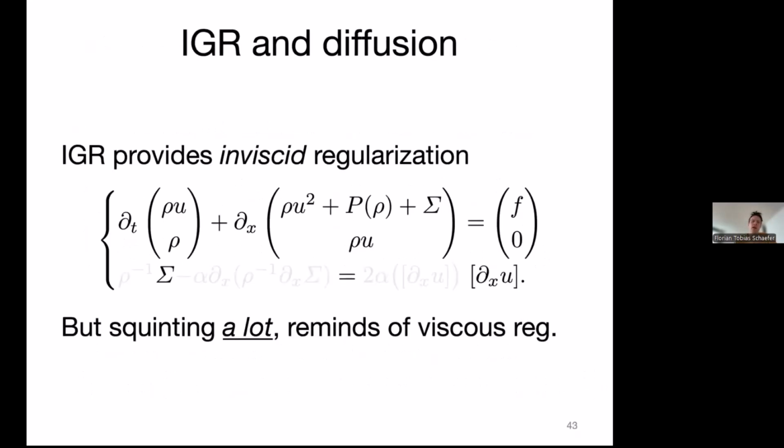We can compare this to viscous regularizations quite directly by observing that if we gray out all the stuff that I've grayed out here, then this basically becomes a viscous regularization, right? Because sigma is equal to partial x u, you plug that in up there, and you get a second derivative of u, so you get a Laplace type operator.